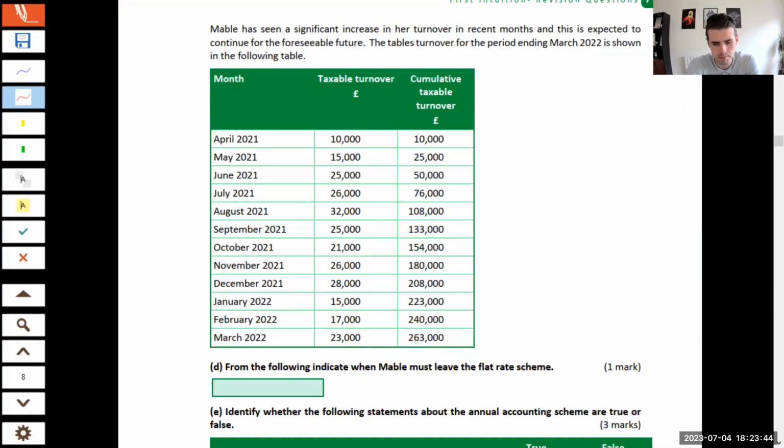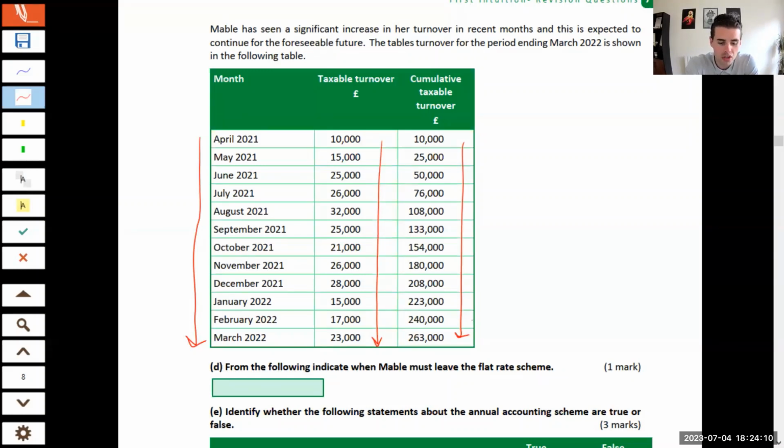I'm assuming that's supposed to say the business's turnover and not the table's turnover. I think somebody's put a bit of a typo in there, haven't they? But you can see here, we've got the period from April 21 to March 22, the taxable turnover in that period, and the cumulative amount, aka what the total turnover is at that point.